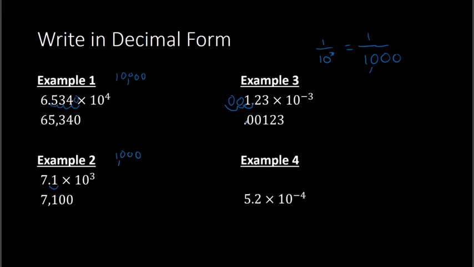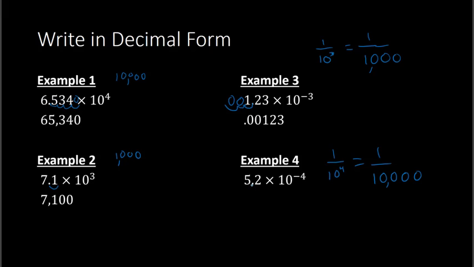Example 4. We have 5.2 times 10 to the negative fourth power. So once again, 10 to the negative fourth is going to be a fraction. It's going to be 1 over 10 to the positive fourth, or a 1 over 1 with 4 zeros. So my answer is getting smaller because we're multiplying by a fraction.